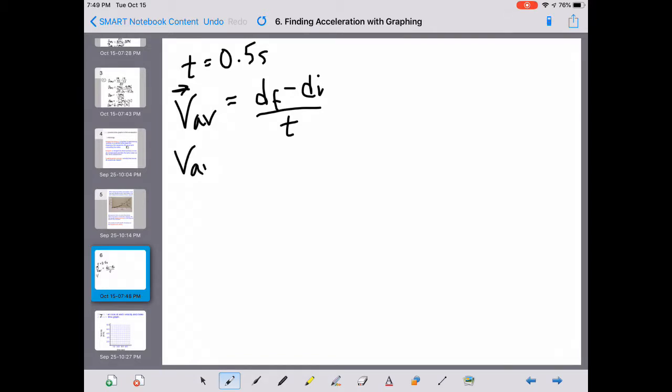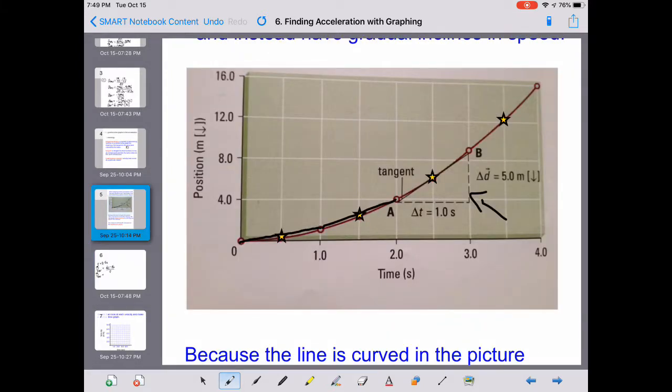So VAV is equal to, we need to go back and see where this position is at the end. Right here, that's really close to 1. Half of 4 is 2 and it's in that lower quarter.